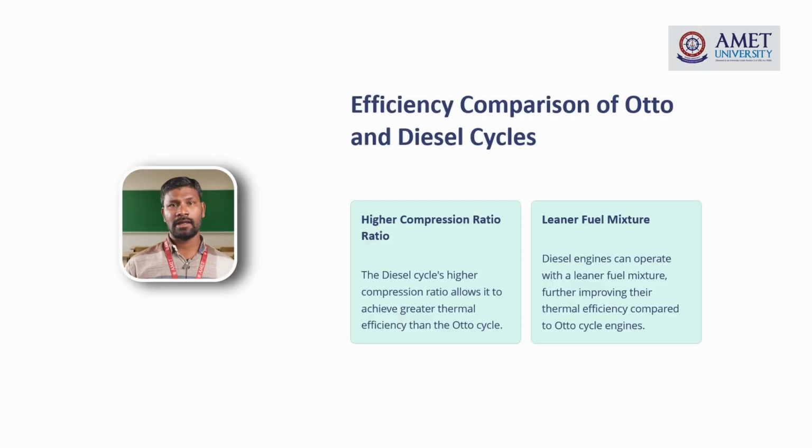In terms of efficiency, the Otto cycle has an efficiency of up to 25 to 30%. The diesel cycle has an efficiency from 30% to 50%.